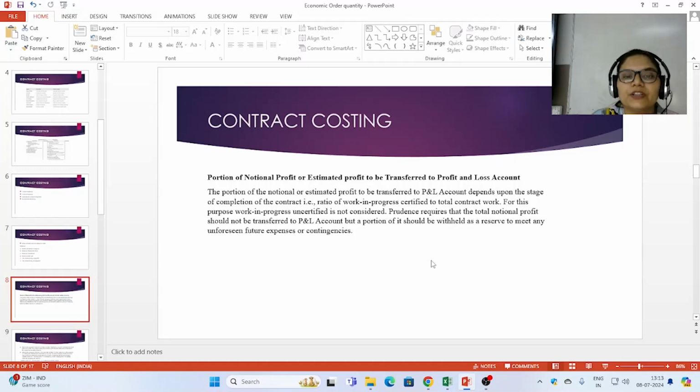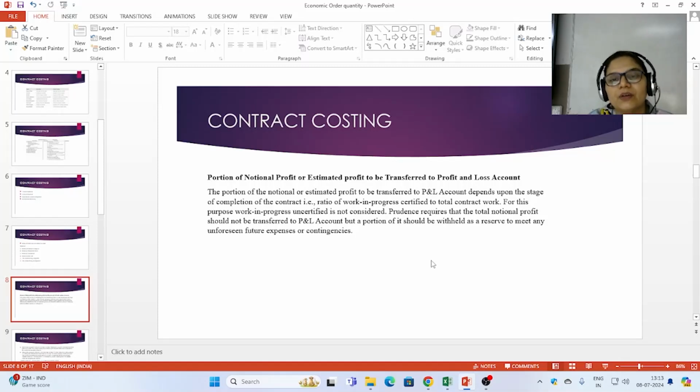The portion of notional profit to be transferred to the P&L account depends upon the stage of completion of the contract, that is, the ratio of work in progress certified to total contract work. For this purpose, work in progress uncertified is not considered.